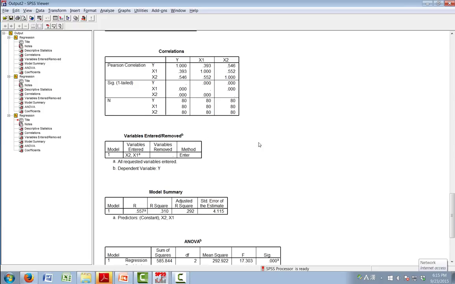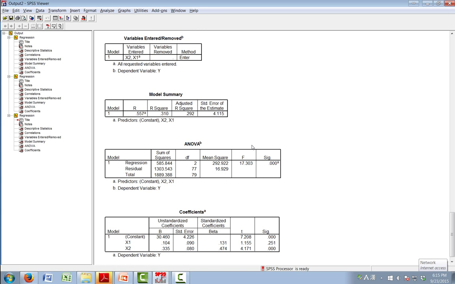Model summary. All right, model summary. And then R is what? The square root of the R square value. R square is 0.31, which is what? Nearly 31%. 31% of the variability is explained by, or accounted for by, this model. What is that model? Using these two independent variables.